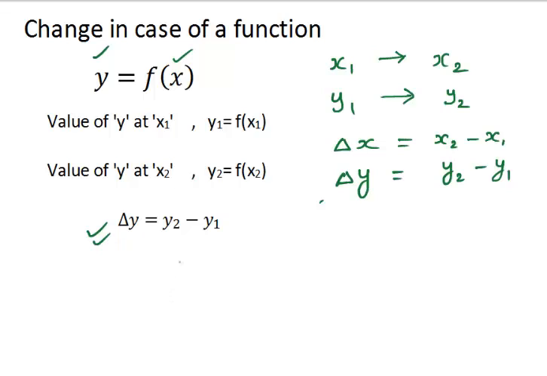We can further investigate this change, delta y, in more detail by writing: y2 is the value of the function at x2, so we can write y2 is equal to simply f of x2, and y1 is the value of the function at x1, so we can write here minus f of x1.